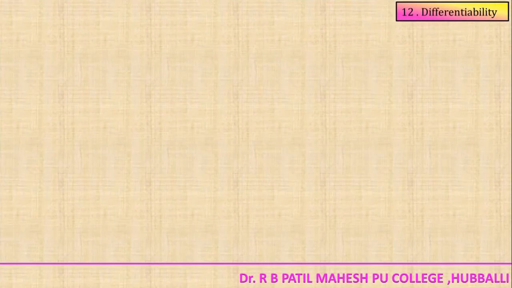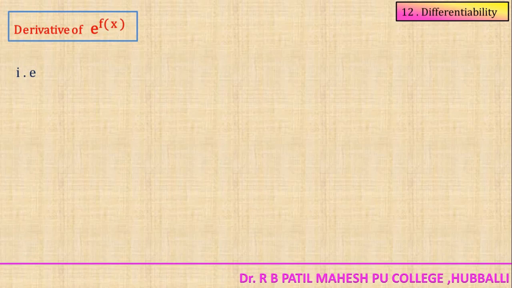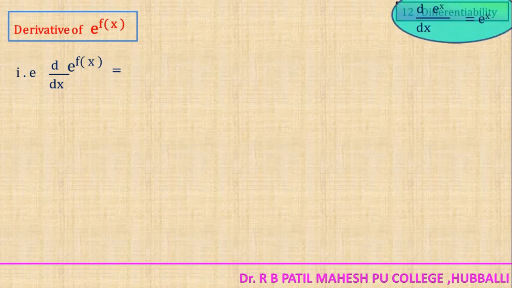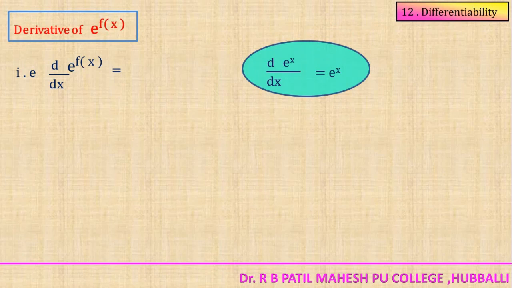So next is if it is a composite, meaning e raised to x is the standard function, x is the variable. Now if we have a composite, then the derivative d by dx of e raised to f of x is written like this. First you recall that the derivative of e raised to x is the same function.